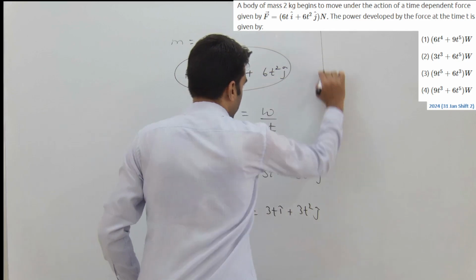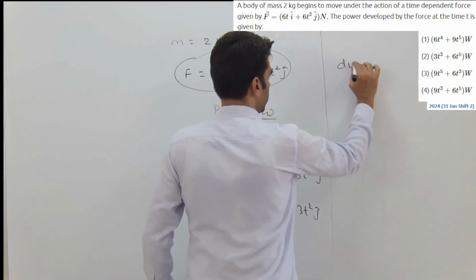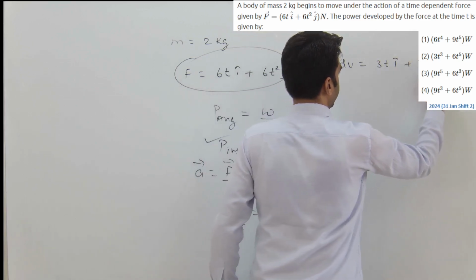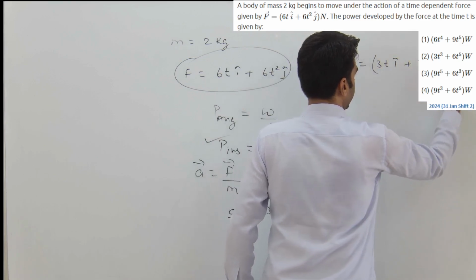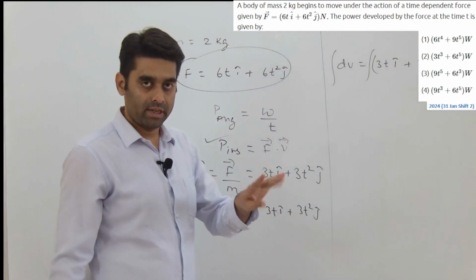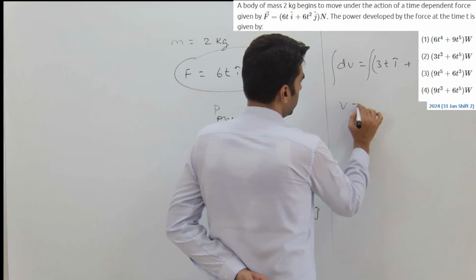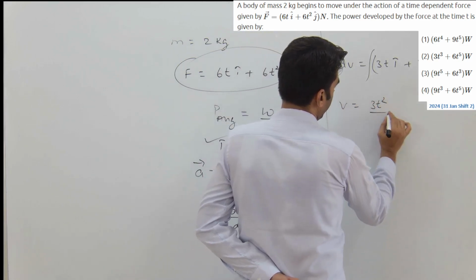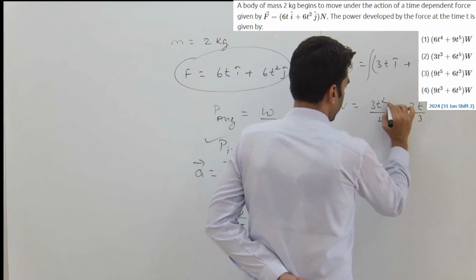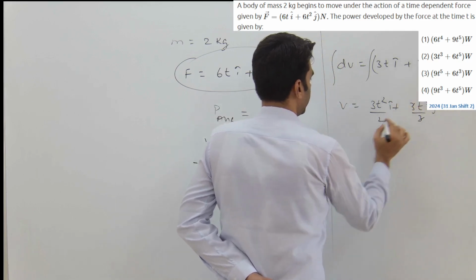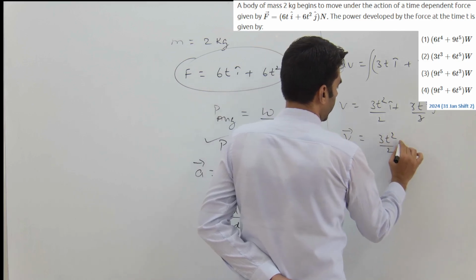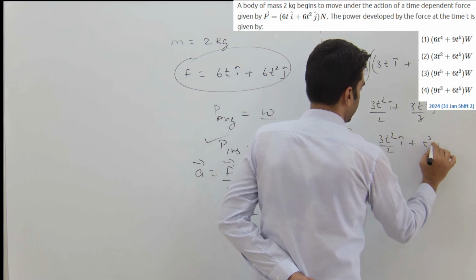Let's further solve it. dv will be equal to 3t i cap plus 3t square j cap dt. Let's integrate this function to get our velocity as a function of time t. So v comes out 3t square by 2 i cap plus 3t cube by 3 j cap. Finally velocity comes out 3t square by 2 i cap plus t cube j cap.